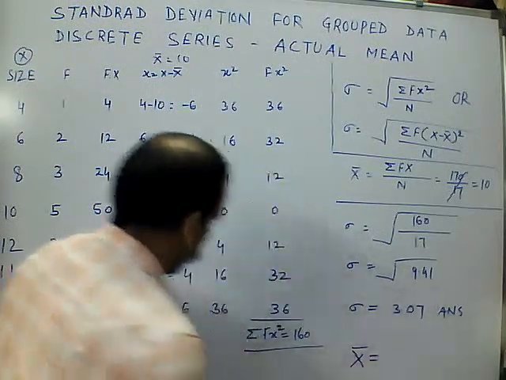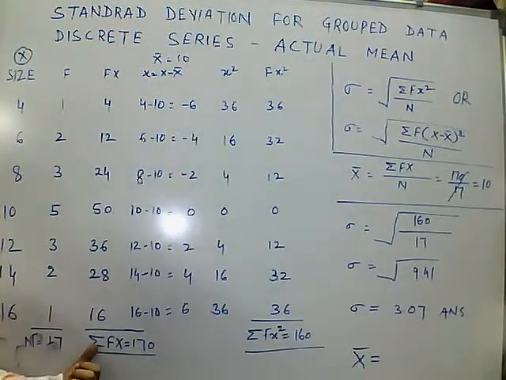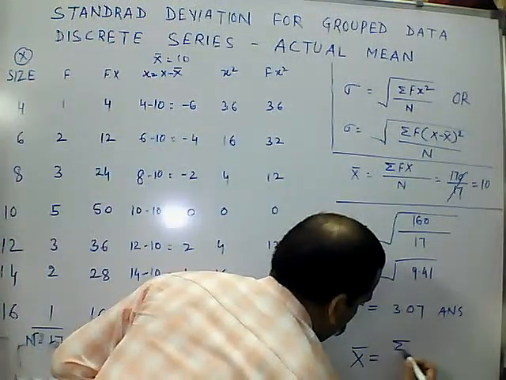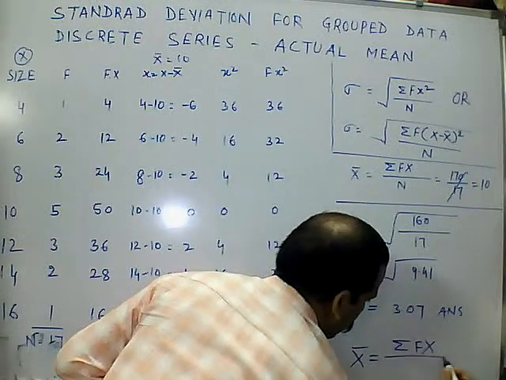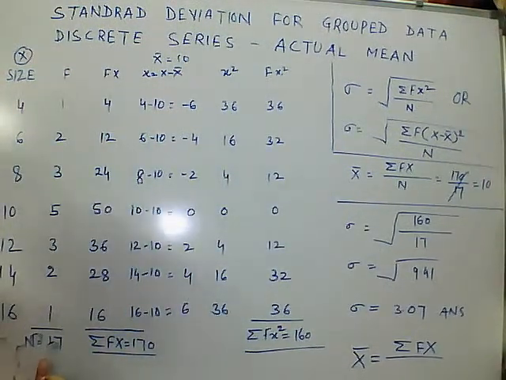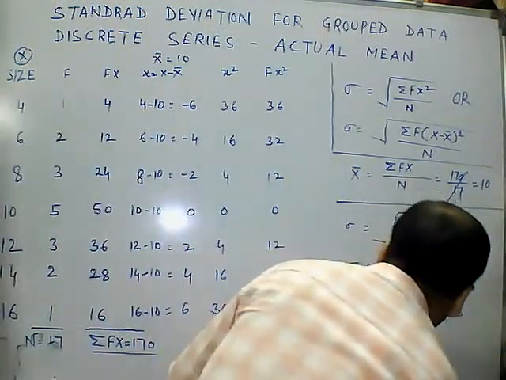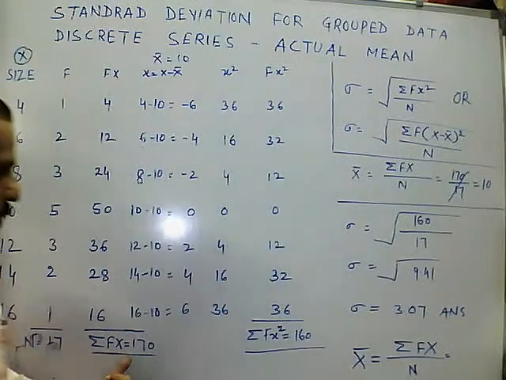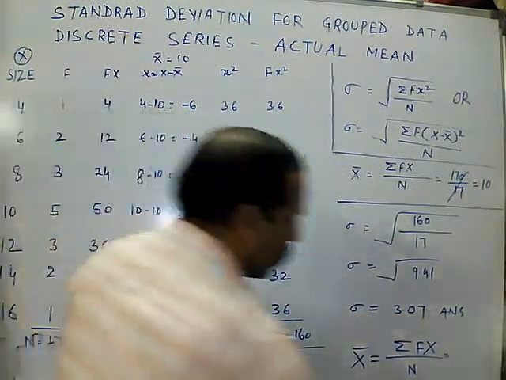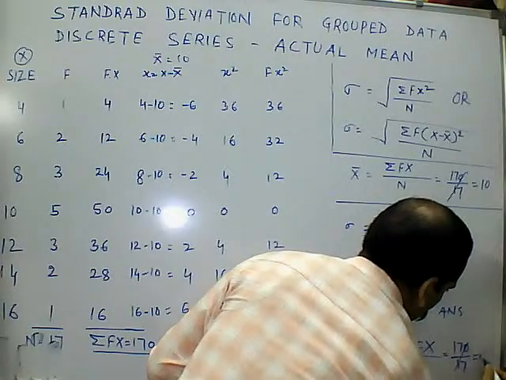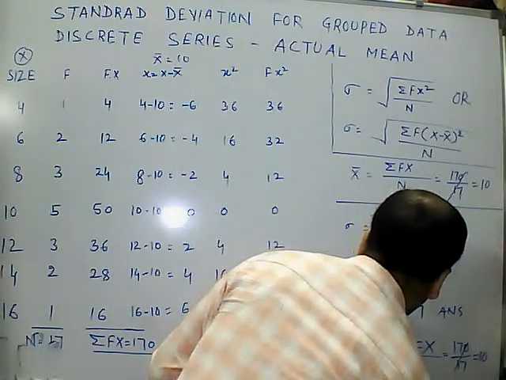Mean is equal to sum of fx divided by the number of observations n. So here 170 divided by 17 is equal to 10. Got it?